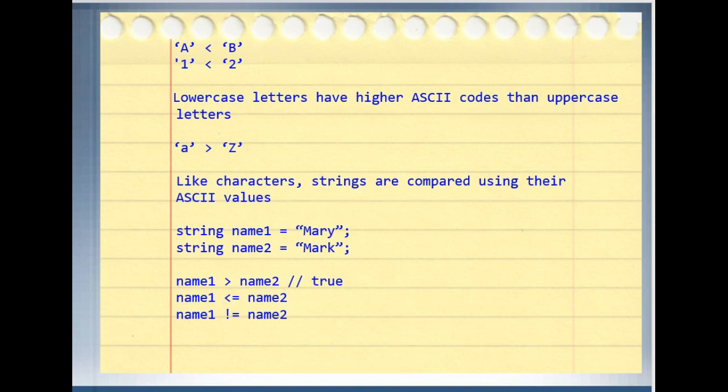Well, name1 is less than or equal to name2 would mean that name1 comes before name2 in the dictionary, or that they're the same name, but we can see that that's false. And how about this last expression, name1 is not equal to name2? Well, the two names are different, so that statement is true.